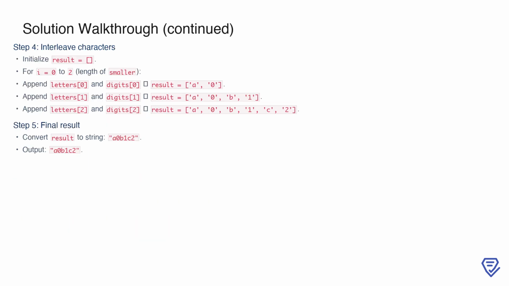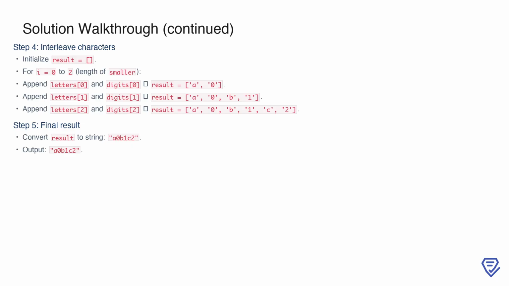Now that we have separated the groups and determined their sizes, the next step is to interleave characters from the larger and smaller groups. We initialize an empty list called result to store the interleaved characters. Starting from index 0, we append characters alternately from letters and digits. First, we add letters[0], which is a, and digits[0], which is 0, resulting in result equals a, 0.